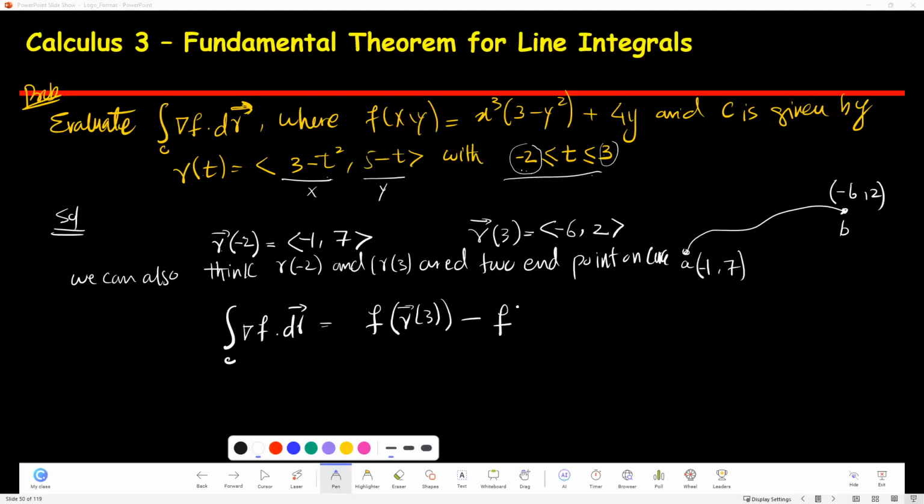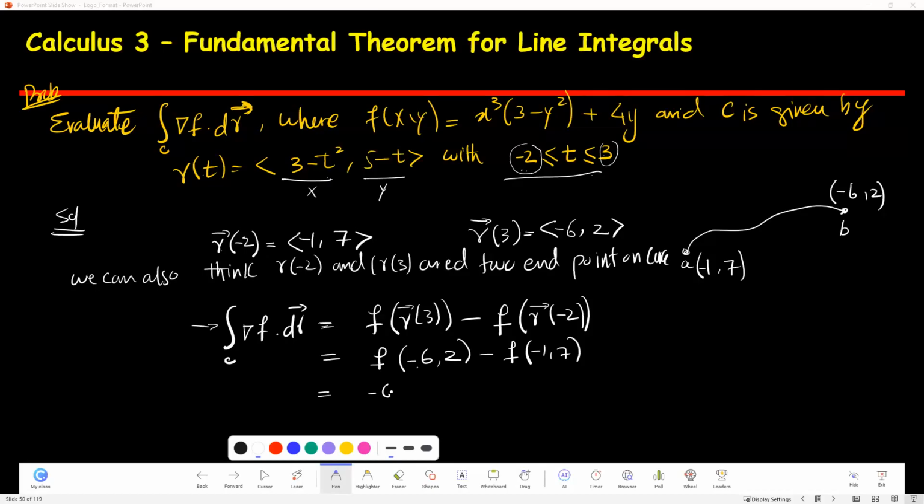Oops, yeah. And then I'm going to be substituting the r with minus 2. Right, this is how I write, this is what I need to solve, and this is what I'm using to solve it. And I'm going to substitute this with minus 6 comma 2 minus the function at minus 1 comma 7. Okay, I'm going to take this minus 6 and substitute here.